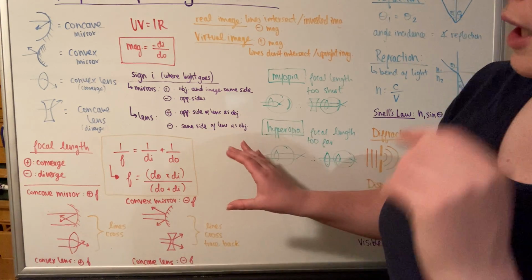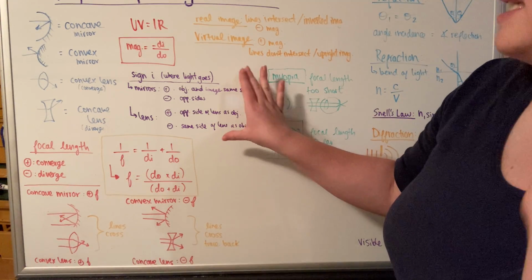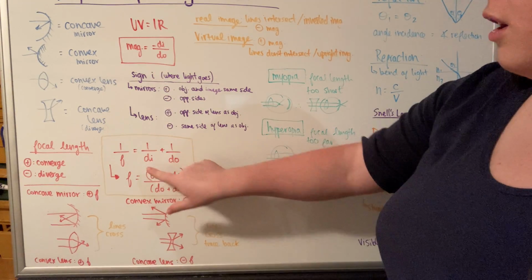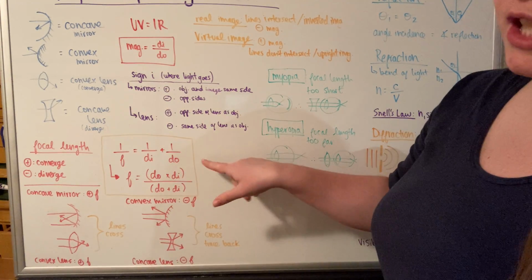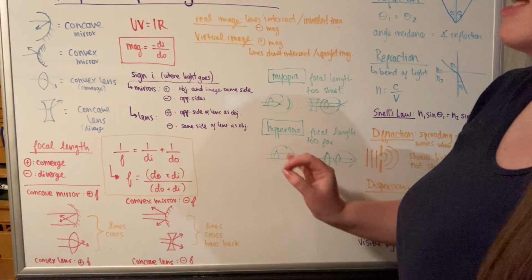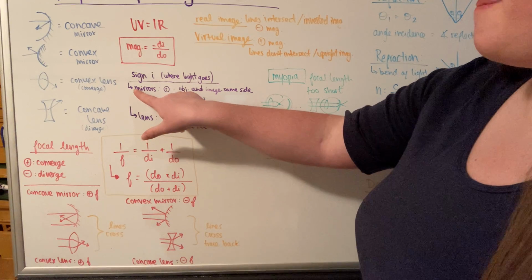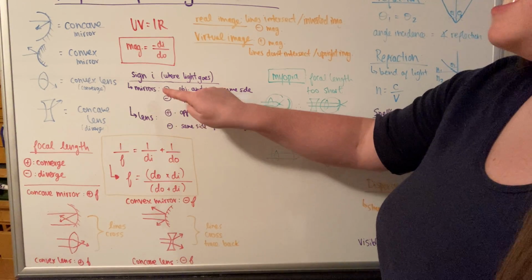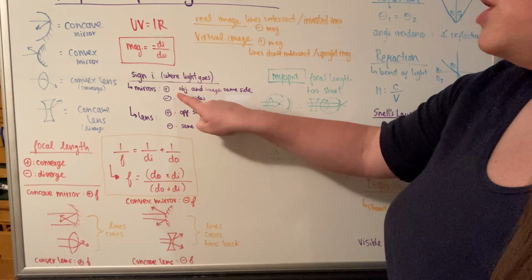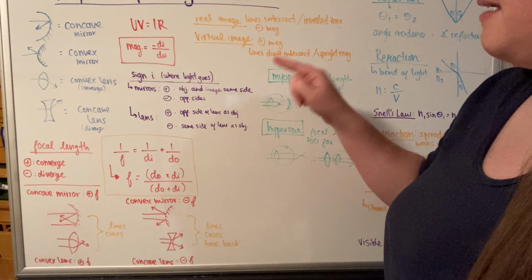Next, we're going to be looking at the sign of the image distance, okay? That's going to represent our DI in this equation that we'll get to, but we need to look at the sign of the image distance. So for mirrors, it has a positive image distance if the object and the image are on the same side.